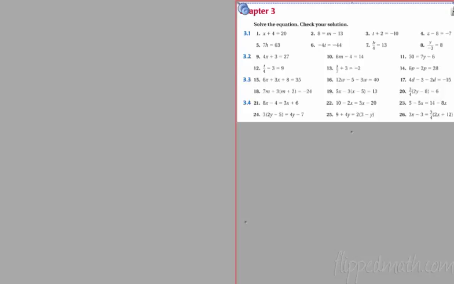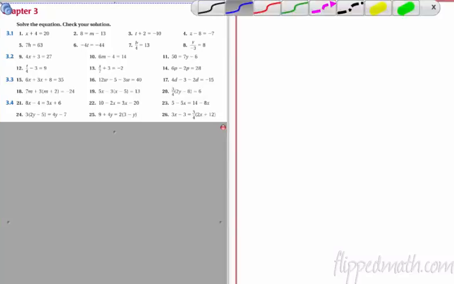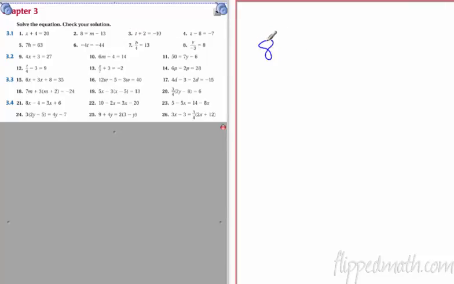All right, so let's start. We're gonna give ourselves some space here. Let's start going through some of the equations. I don't expect you to have very many problems with section 3.1, so I'll just do one problem from there. But if you remember, you just have to do the opposite, whatever the opposite is. So I'm gonna pick number 8 here, which says y over negative 3 equals 8.